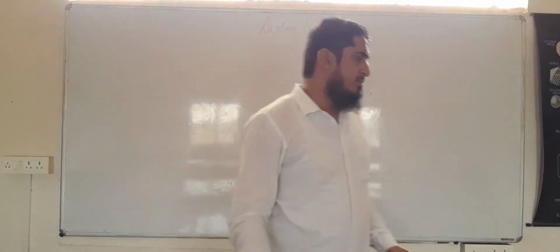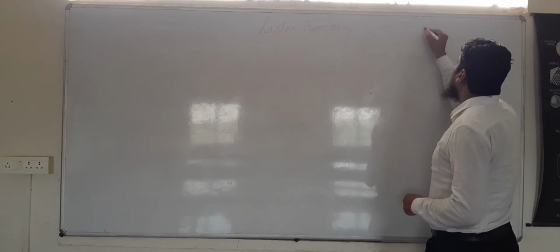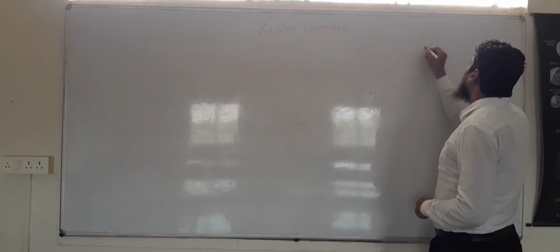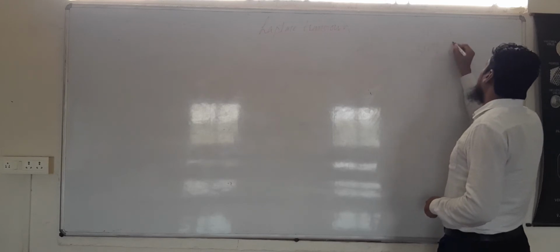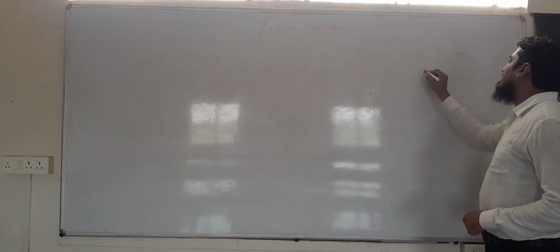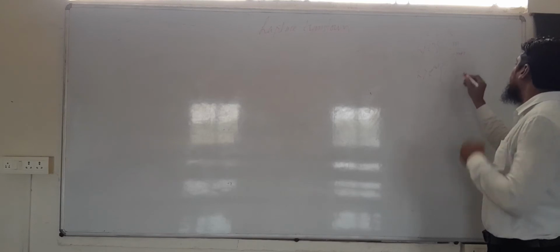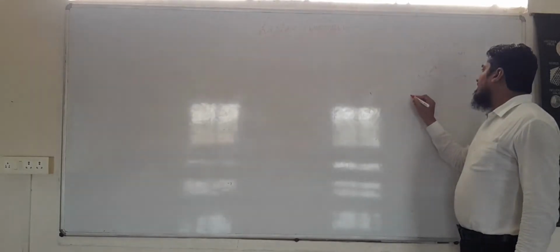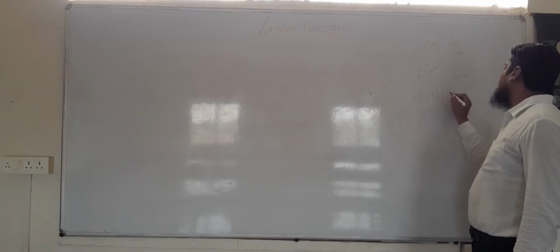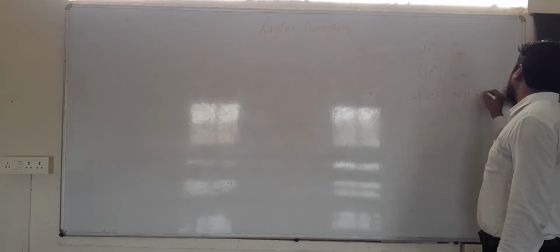I think we must remember: Laplace transform of 1 is equal to 1 upon s. Laplace transform of t raised to n is n factorial upon s raised to n plus 1. Laplace transform of e raised to at is equal to 1 upon s minus a. Then Laplace transform of f1 plus f2 is equal to Laplace transform of f1 plus Laplace transform of f2.